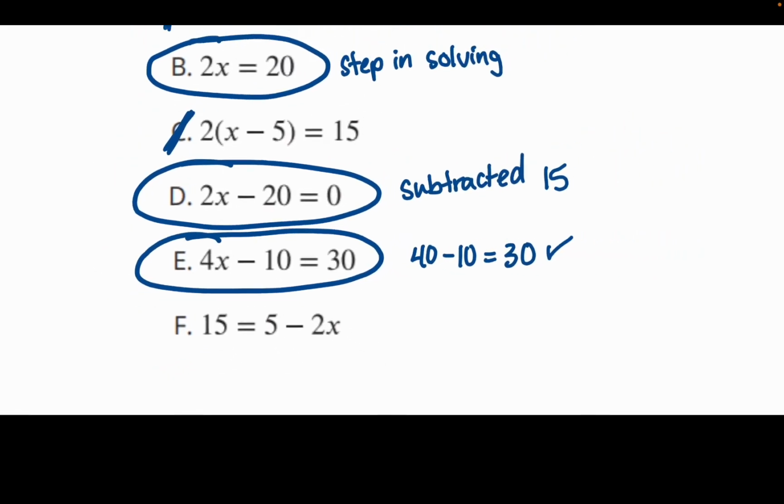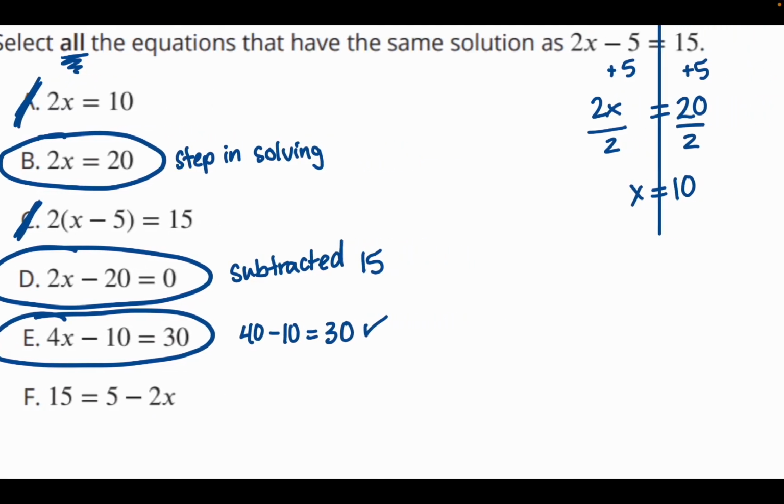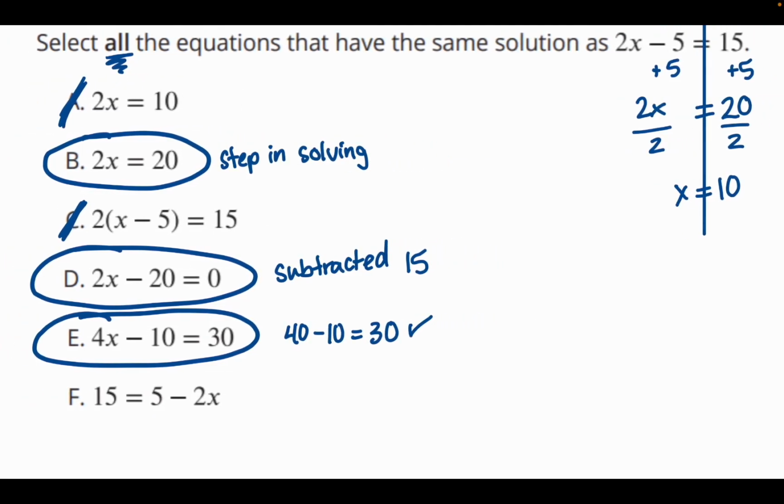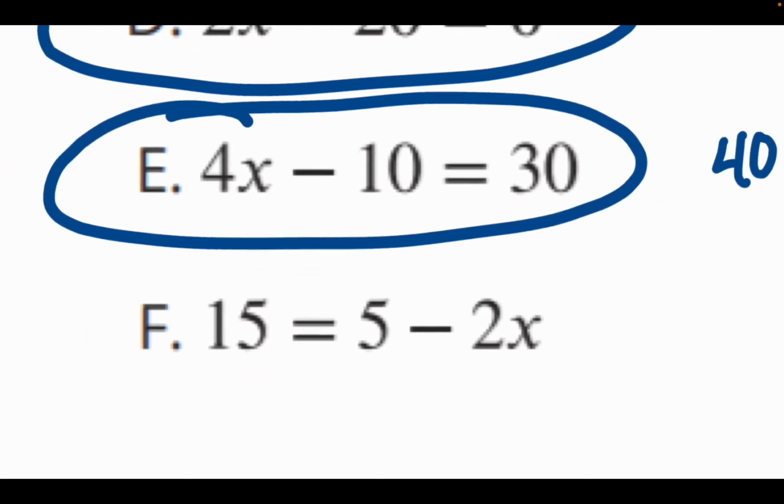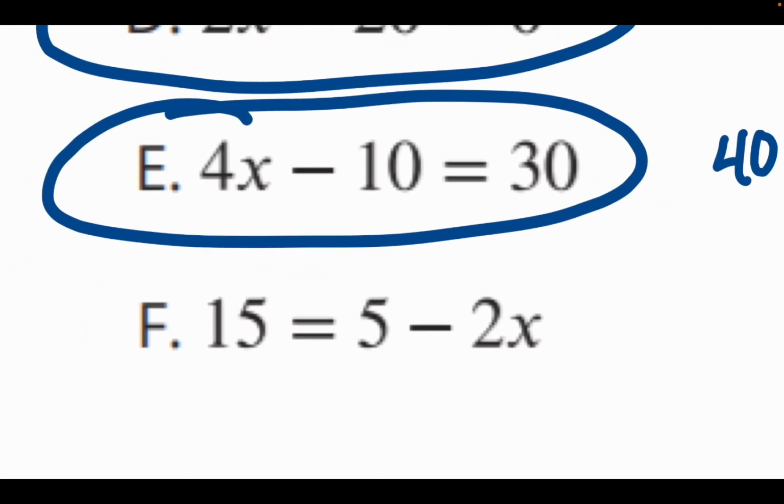And then question F, which is 15 equals 5 minus 2x. It looks like they may have just swapped the sides here, but they actually swapped signs as well, because this 2x is negative.